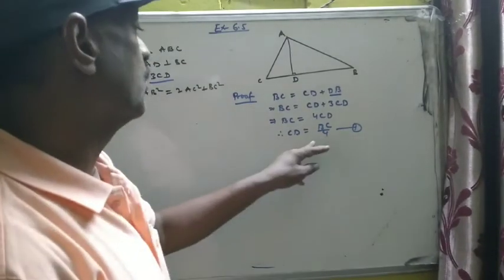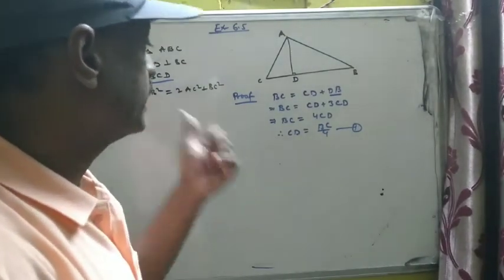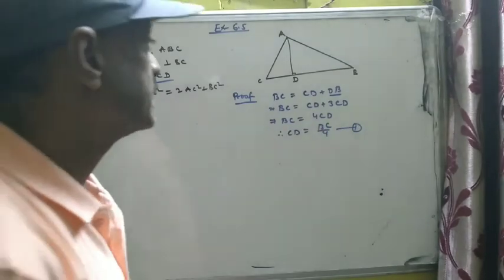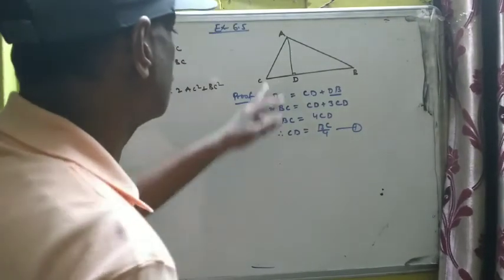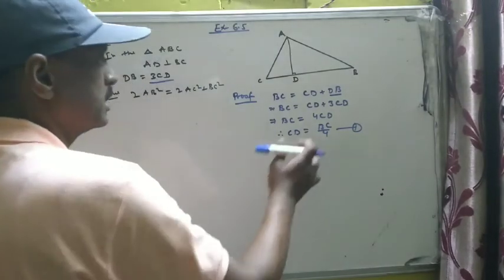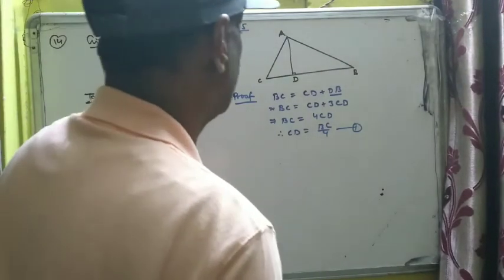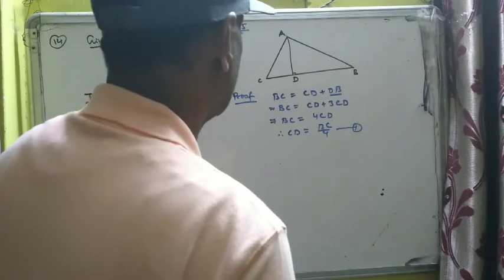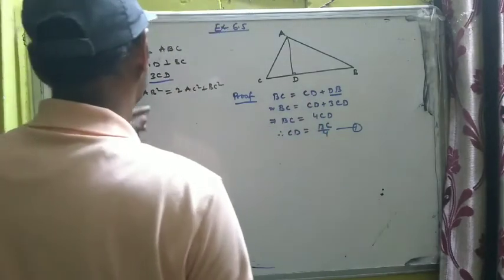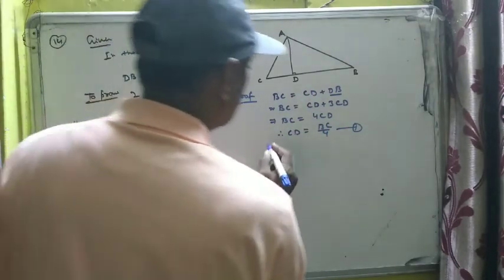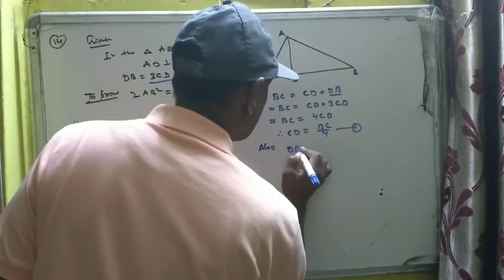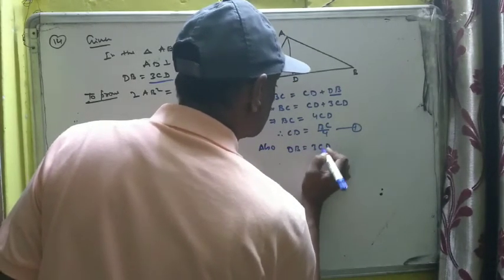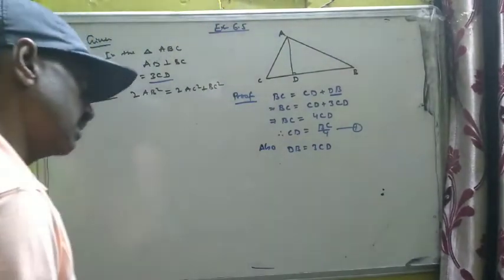Okay, so we have written the value of CD in terms of BC. It is BC by 4. Also, one more thing is given: DB equal to 3CD.